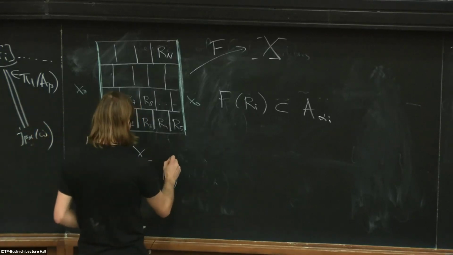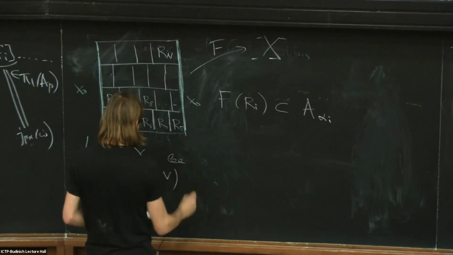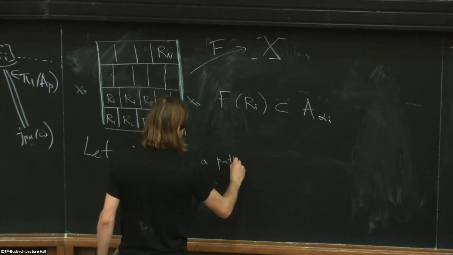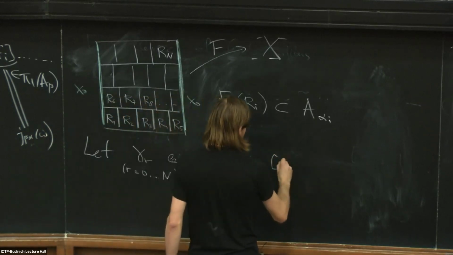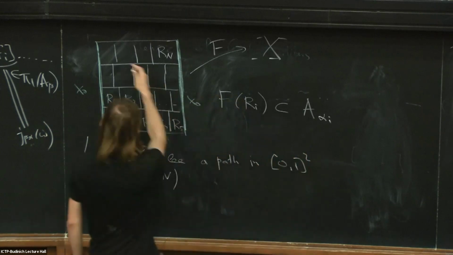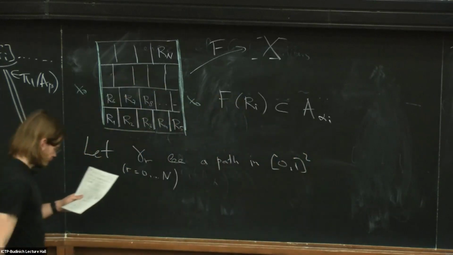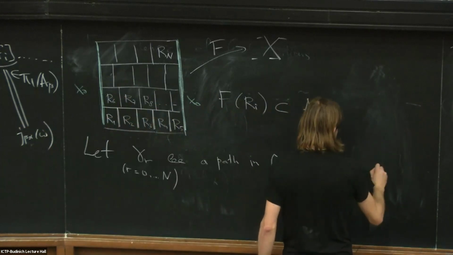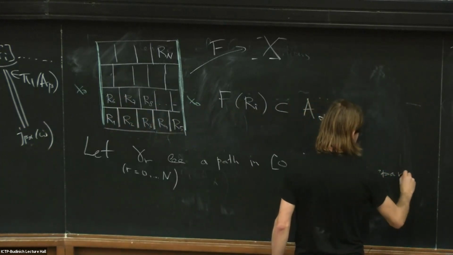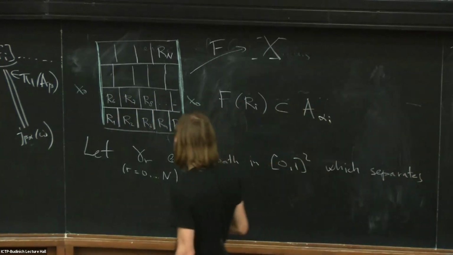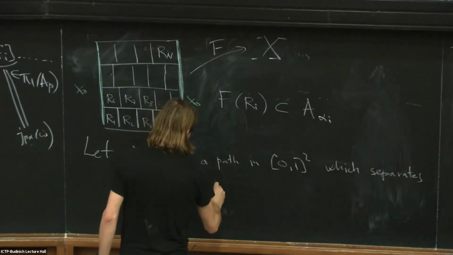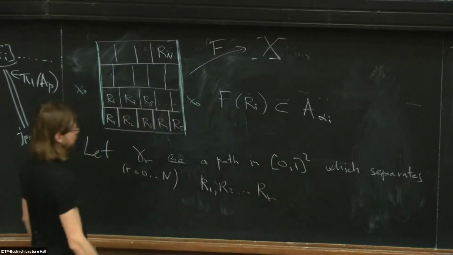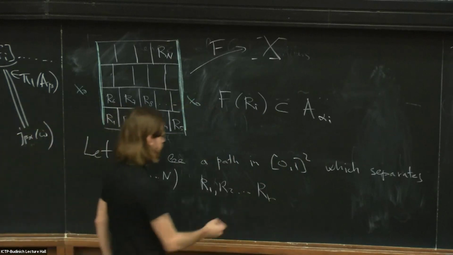So gamma r will be a path in the square which separates rectangles R1, R2 till Rr from the rest.